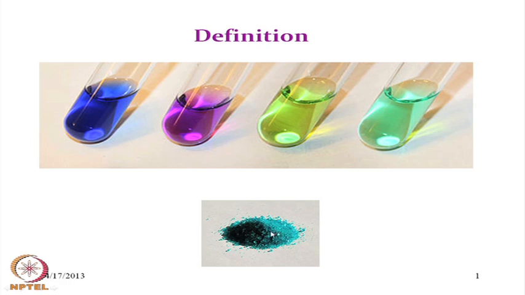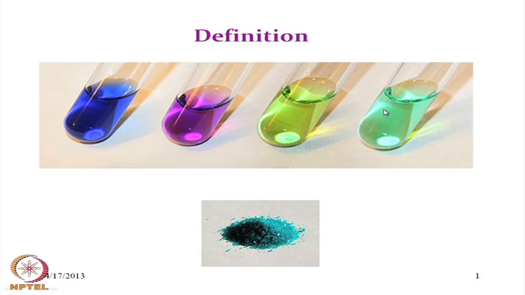And when we simply dissolve it in water, like dissolution of ferric chloride, the color also tells us that this is not ferric chloride. If we dissolve it in water, immediately we get a solution with a characteristic color.